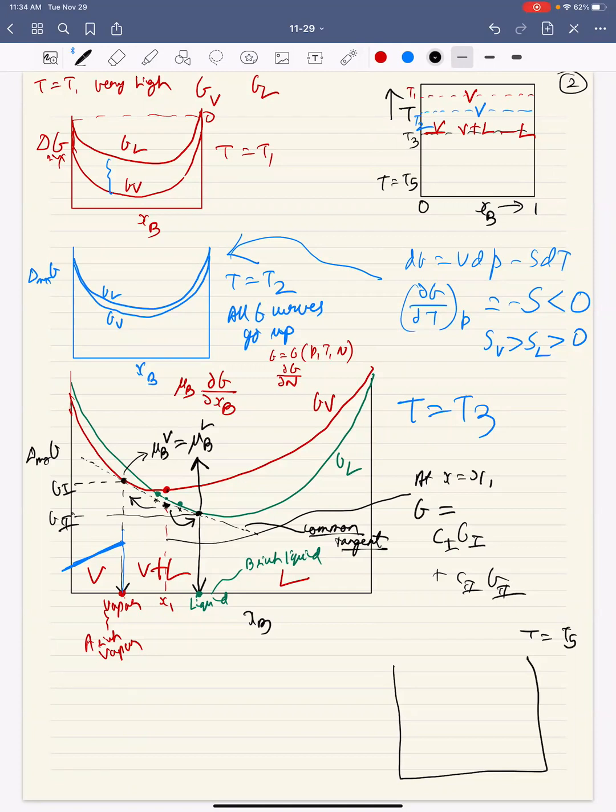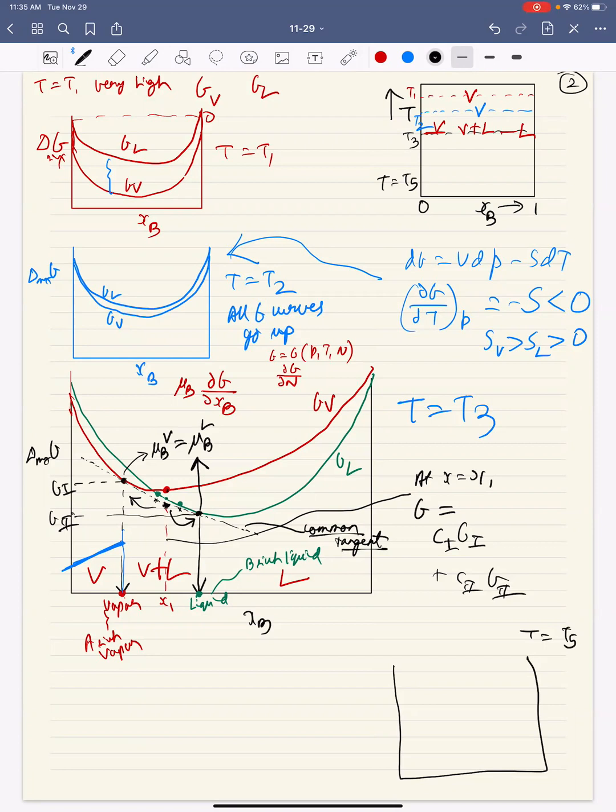That is the idea. Also, intuitively, we know that at absolute zero, G solid is the most stable, right? Solid is always the most stable. Above that, G liquid is above that, and G vapor is above that. At very, very low temperature, everything should be one perfect solid.